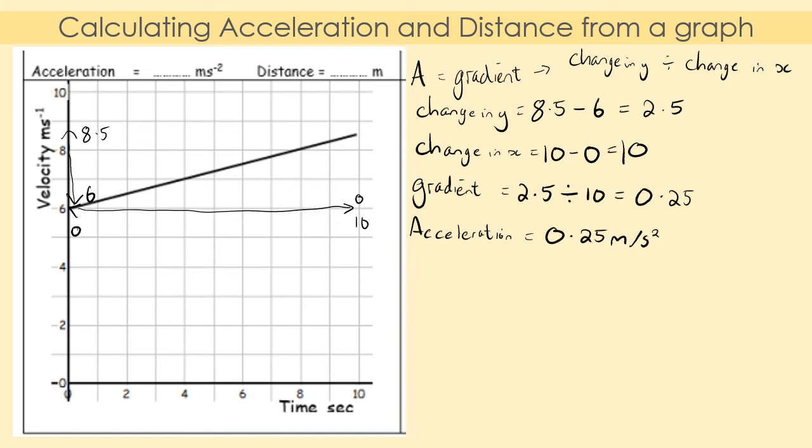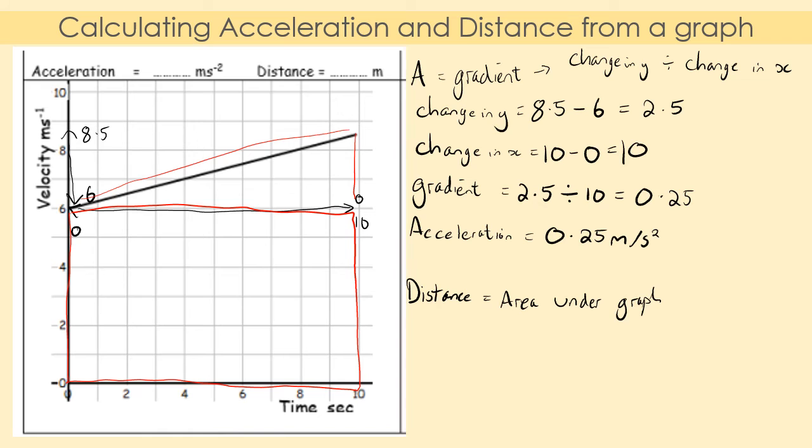You might remember saying we need to work out the distance as well, and the distance is the area under the graph. You might be thinking, how do I work this out? It looks really, really tricky. Quite simply, we can break it down into two different shapes. We've got one down here, which is a rectangle. And then we have this part here, which is a triangle.